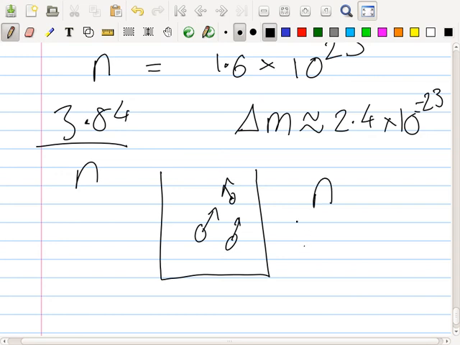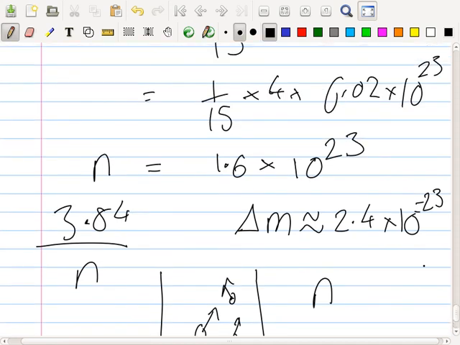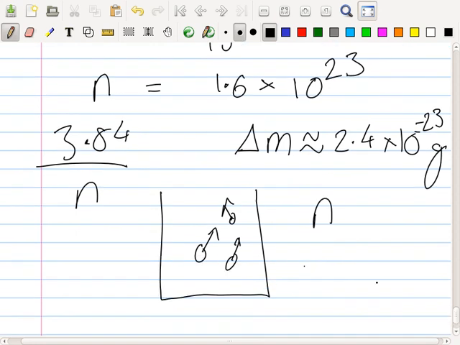Now, I know, Jingdong, you said some are oxygen and some are nitrogen. So roughly each one will be this many grams. So roughly each one will be 2.4 times 10 to the minus 26 kg.